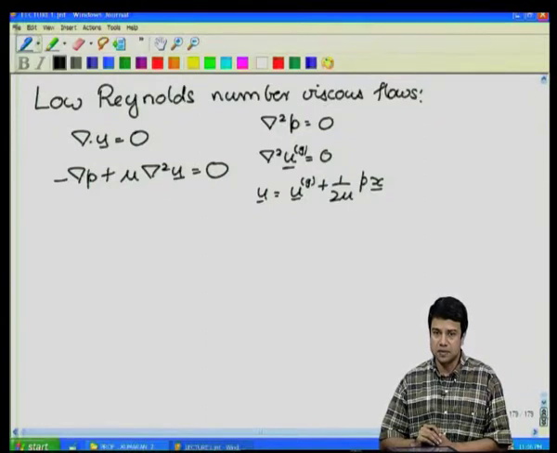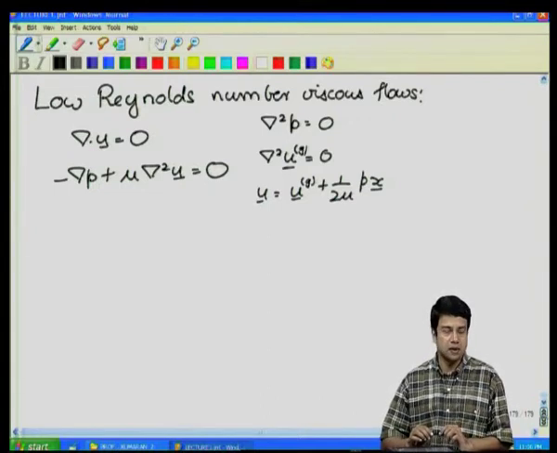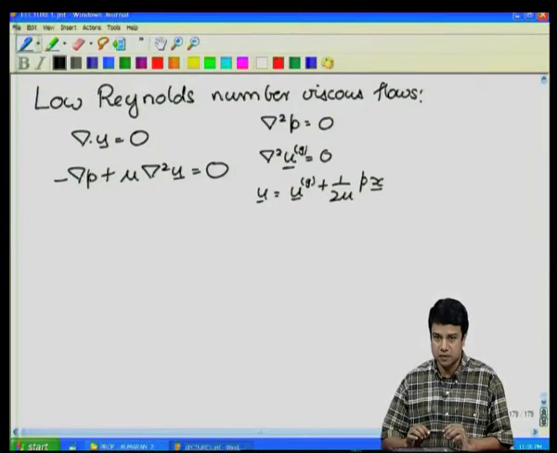You can try to work it out yourself. You will find that in 2 dimensions the fundamental solution is log of r. In 3 dimensions the fundamental solution is 1 over r, and by taking repeated gradients you can get all vector, tensor, and any higher order tensor solution for the equations.